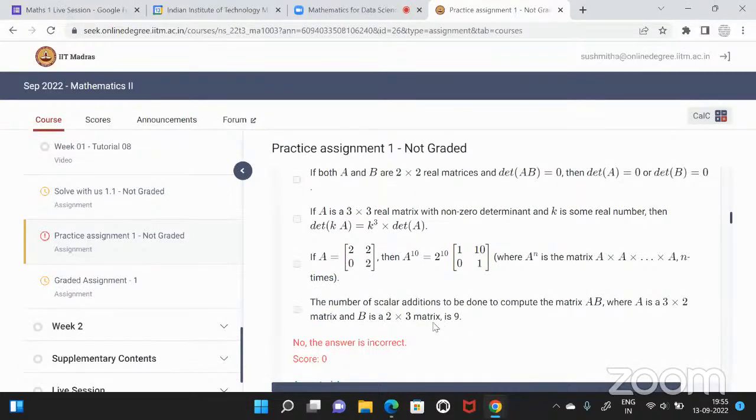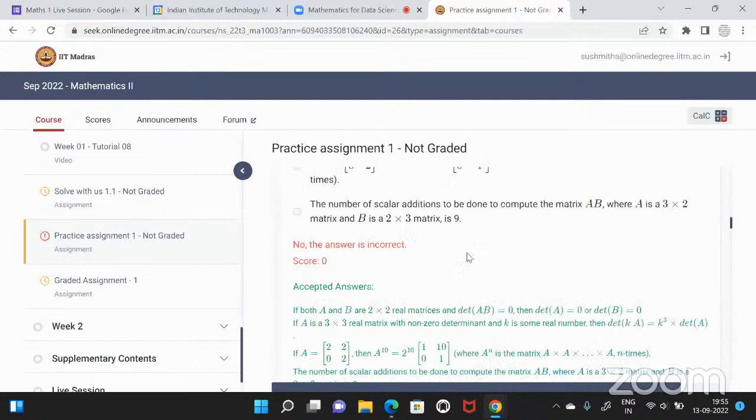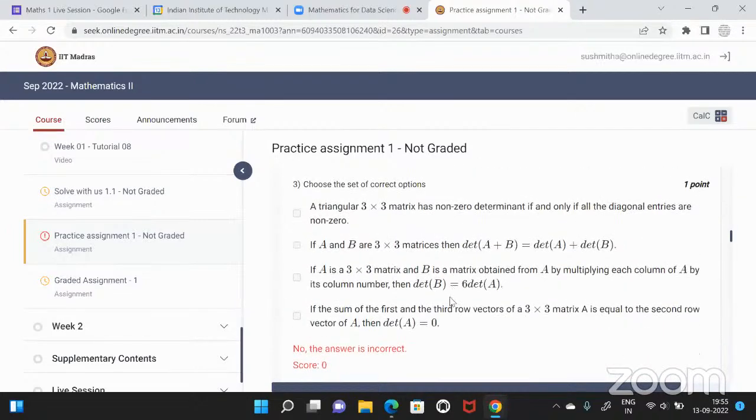Question number 3, ma'am. In question number 3, first and second option is correct, right? No. Why is second correct? You cannot add determinants like this. It is not multiplied. Is it the sum of the first and third row? No, second is not. This is wrong.